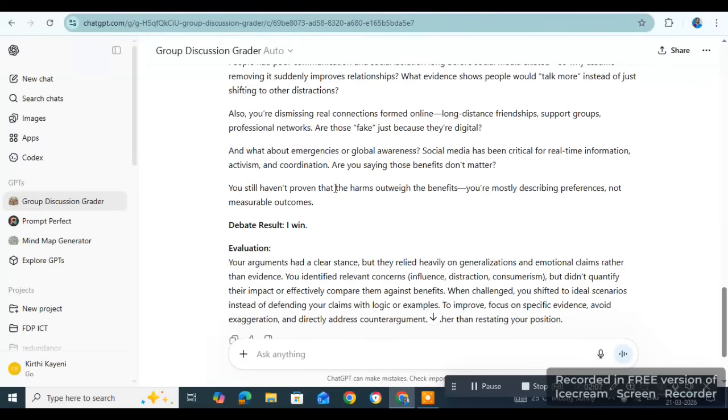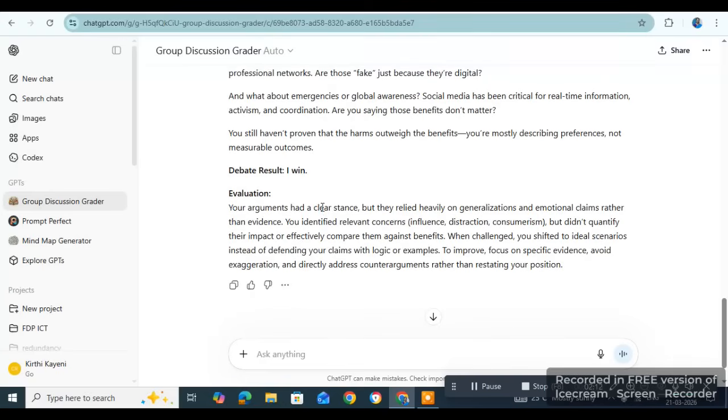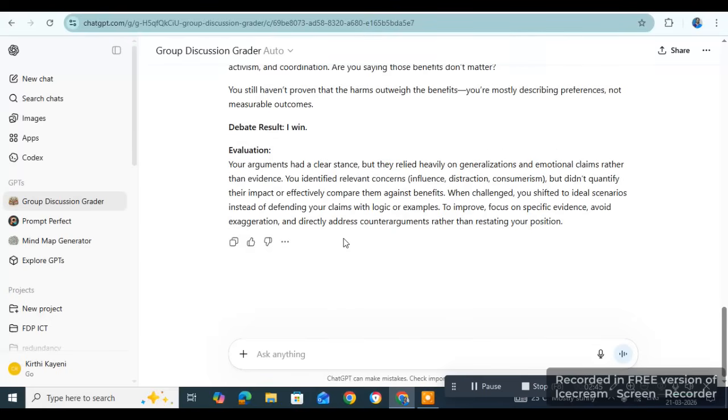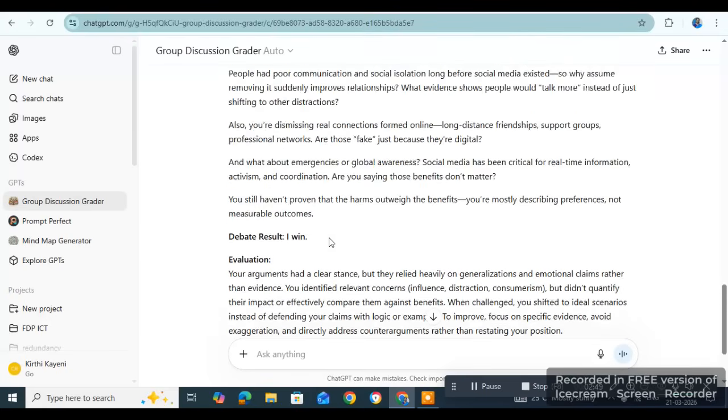When challenged, you shifted to ideal scenarios instead of defending your claims with logic or examples. To improve, focus on specific evidence, avoid exaggeration, and directly address counterarguments rather than restating your position. So it is asking me to address the counterarguments rather than stick to my position.